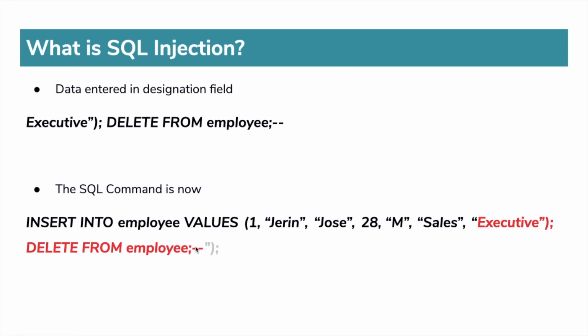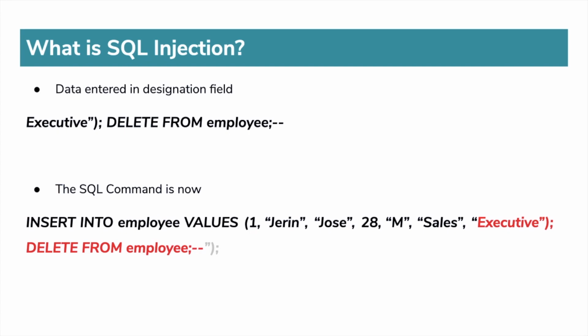This one, and then because of the double hyphen, this part of the original SQL command is commented out, right? So this in effect deletes the entire data from the employee table, right? I hope you have understood. Because of this data, the entire SQL command is now modified, leading to deletion of data from the table, right? So this is an example of SQL injection.